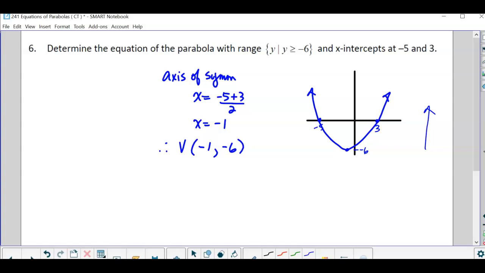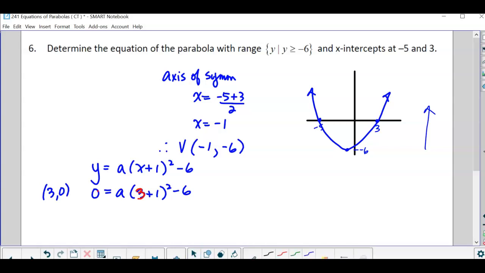All right, so then we've got y equals a times (x plus 1) squared minus 6. And you need to figure out what a is. So use one of the points. Let's use (3, 0). So y is 0 when x is 3.